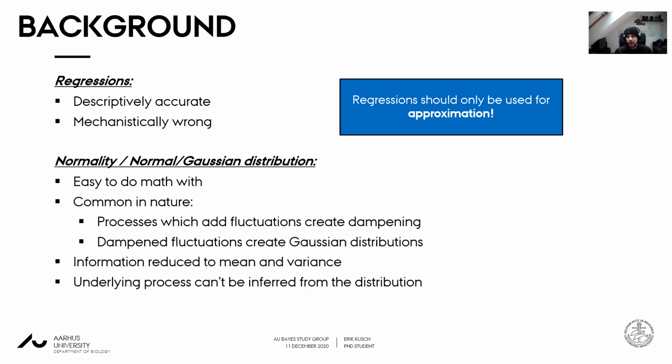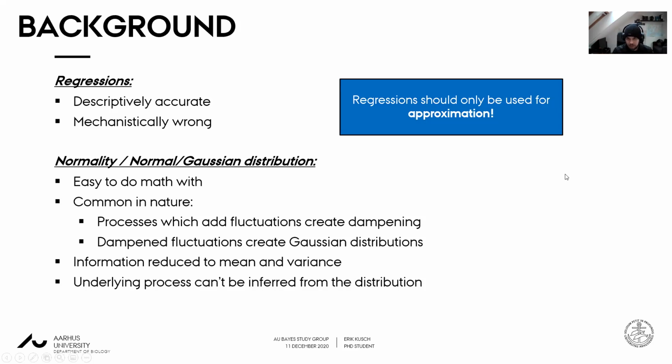And the reason they're common out there is because processes with fluctuations create a dampening effect because fluctuations can go in opposite directions, which cancel each other out. The dampened fluctuations themselves then create Gaussian distributions because everything tends to converge on a mean with a flattening distribution around it.